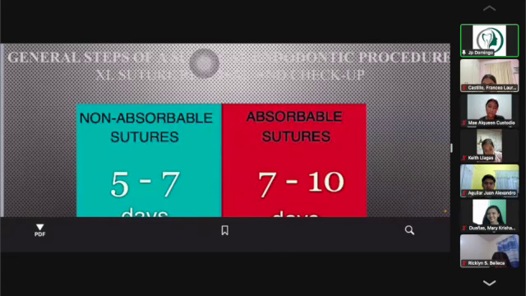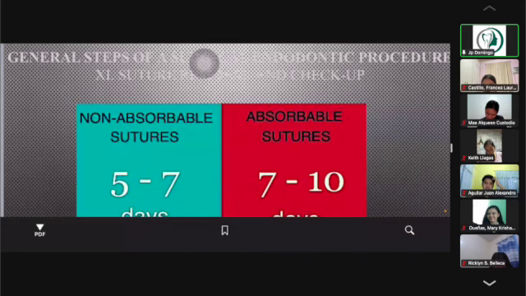So, 5 to 7 days after surgery is considered sufficient for cases that use non-absorbable sutures. Yung hindi natutunaw, tatanggalin na natin yan. Okay? And at the same time, i-check mo na rin yung pasyente, not just for suture removal.